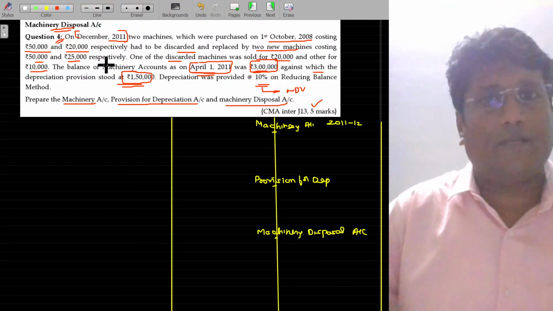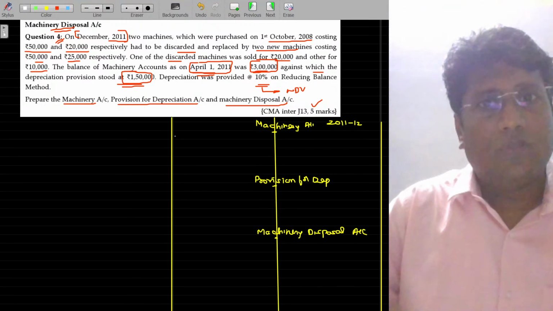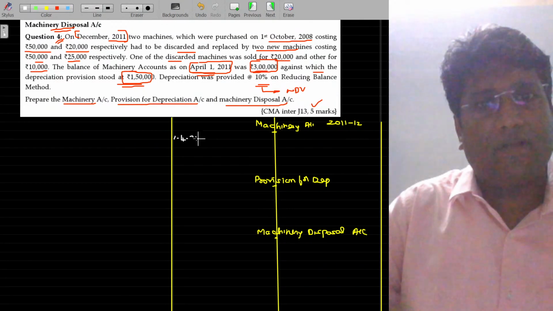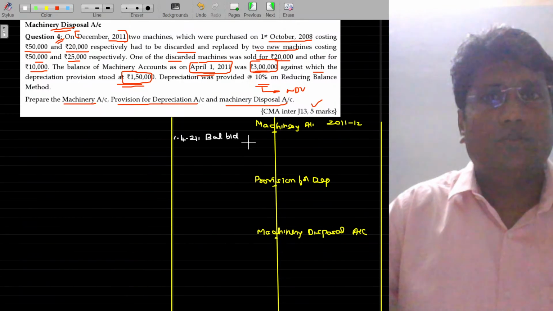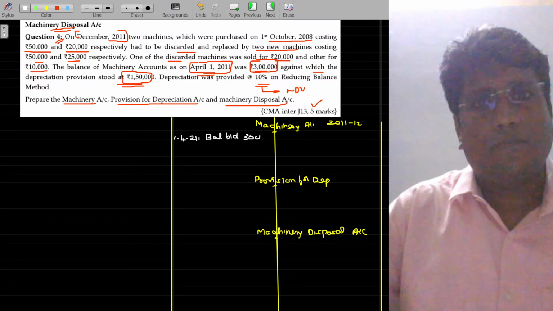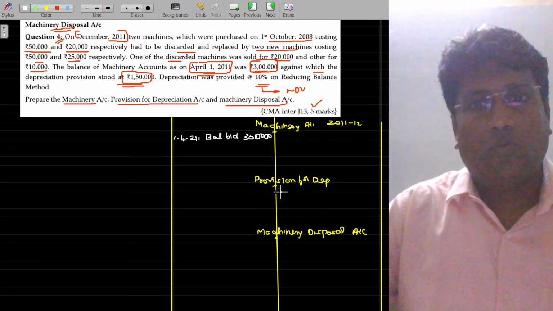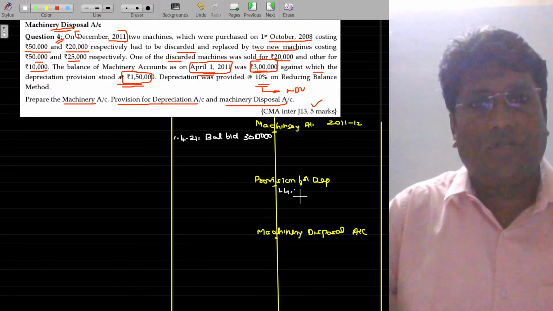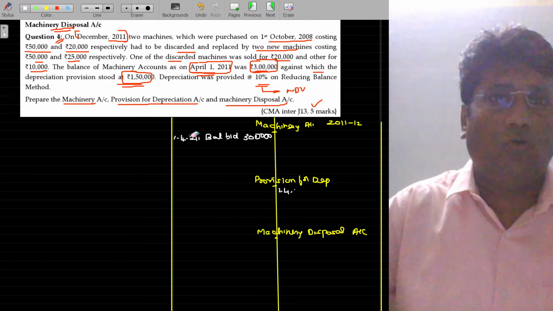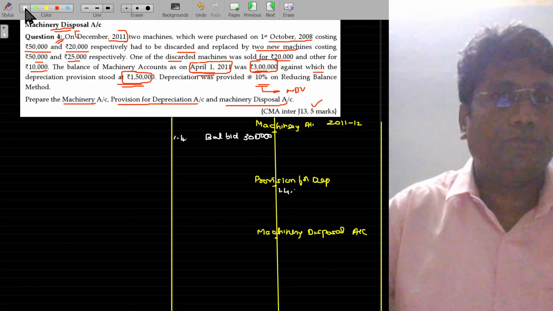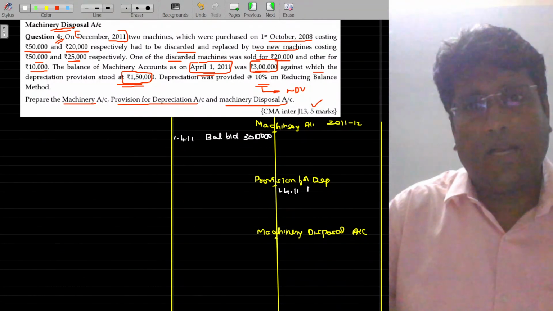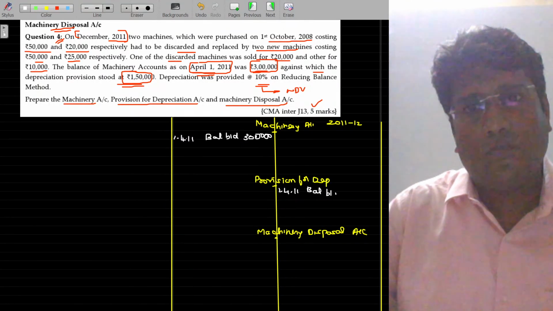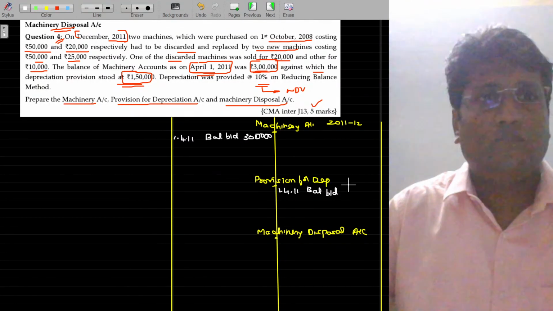In the year beginning, 1st April 2011, balance brought down 3 lakhs, and here 1/4/2011, balance brought down, the value being 1 lakh 50.